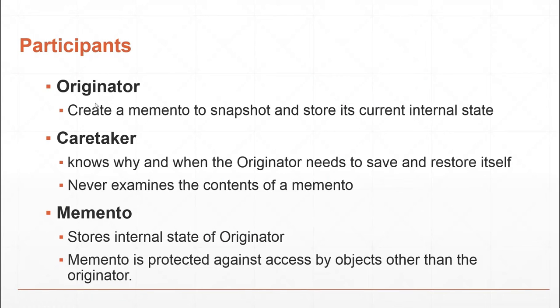Participants. There is an originator, which is the original object, which will be able to create a memento to snapshot and store the current state. There will be a caretaker who knows when and why the originator needs to save and restore itself.